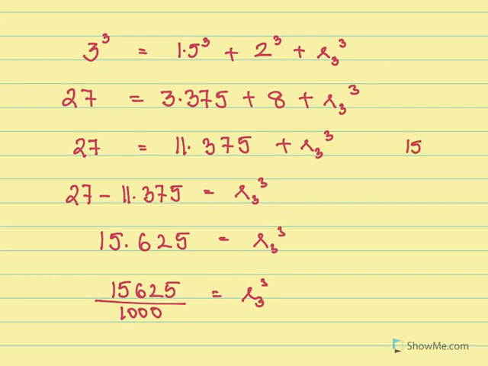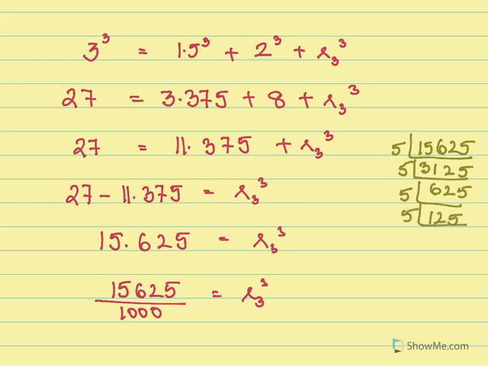Now when you do prime factorization of 15625, you divide it by 5, you get 3125, again divided by 5, 625, again divide by 5, here you get 125, then divide by 5, you get 25 and 5, 5.